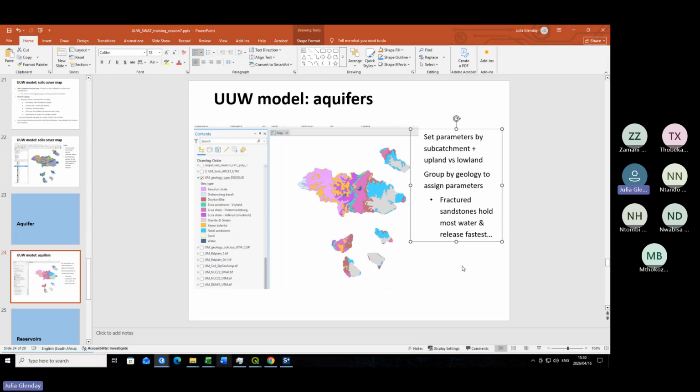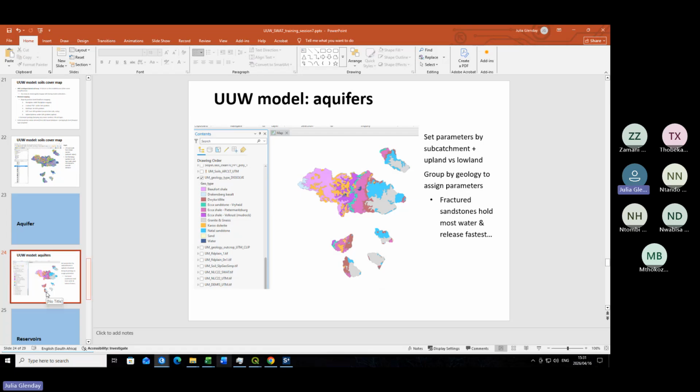I used property parameters from the National Groundwater Assessment too, which estimated these properties at the quaternary catchment scale. I used those to inform the first estimates, but then there's some calibration work beyond that, which we'll talk about next time.